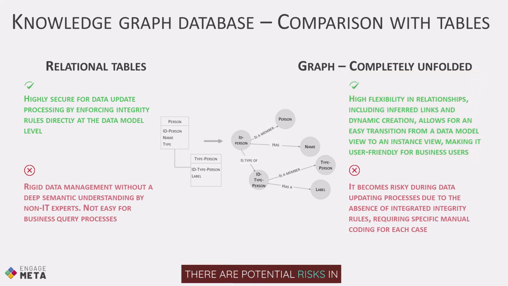However, there are potential risks in terms of data integrity when using a knowledge graph for transactional data updates. In such cases, it may be more appropriate to stick with a traditional relational database, possibly adopting a NoSQL or NoSchema approach to ensure flexibility in managing data structures. In today's technological landscape, it's essential to find a way to integrate these two technologies, depending on the specific use cases a company aims to implement.